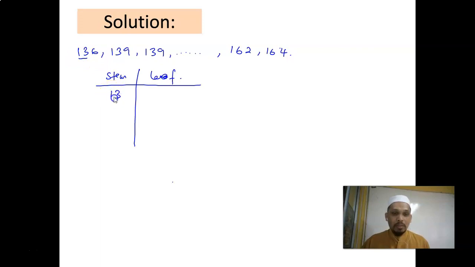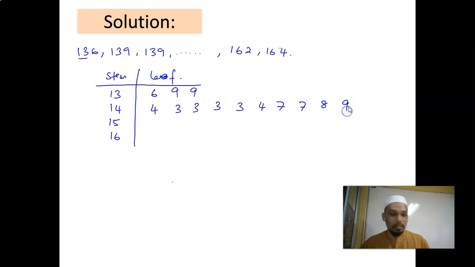So we begin with 13, 14, 15, and 16. So list down here now 136, 139, and 139, 142, 143, 143, another 143, then 144, 147, 148, 148, and 149.